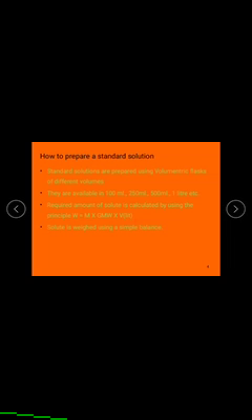Generally the solute is weighed using a simple balance or analytical balance, or nowadays we are using an electronic weighing balance.